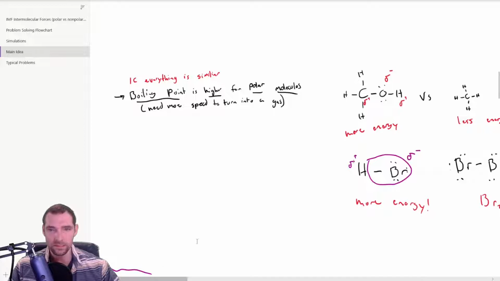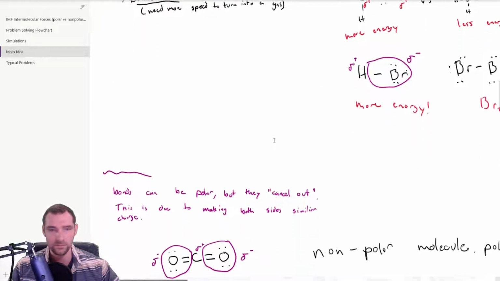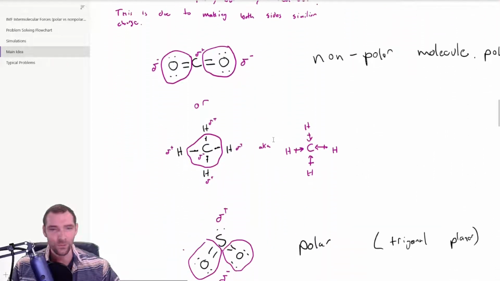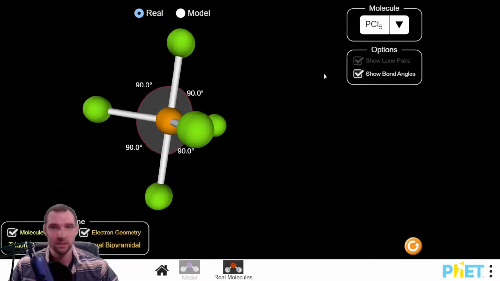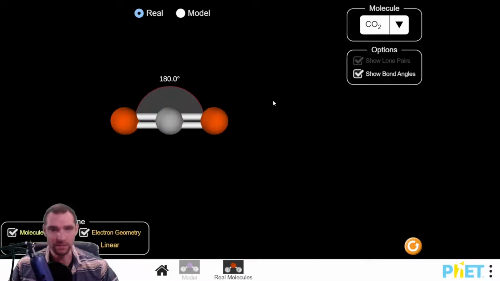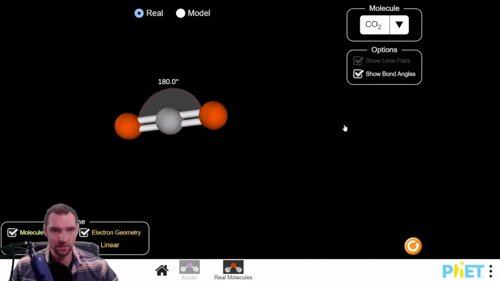So there's a number of things to keep in mind. And one of the last things is if the bonds cancel out. If we go back to that simulation, they've got CO2 here. In this carbon dioxide, the carbon is going to be positive, the oxygens are going to be negative relative to each other.